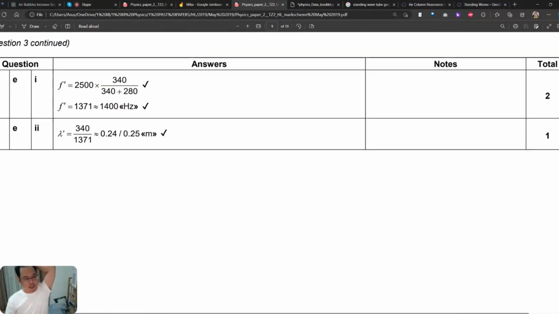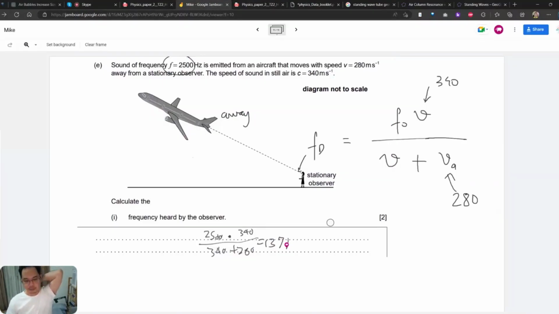Yes, the answer is 1,371, exactly that one. Which can be rounded up to 1,400. Frequency unit hertz, Hz.